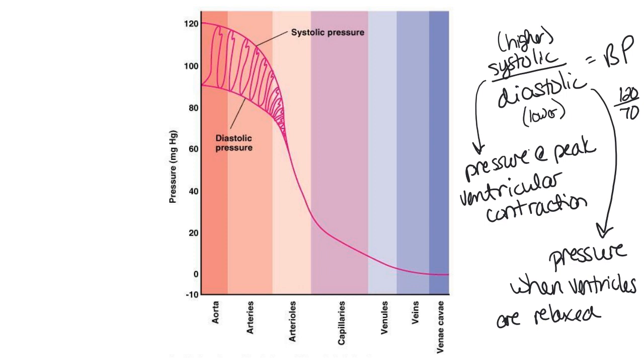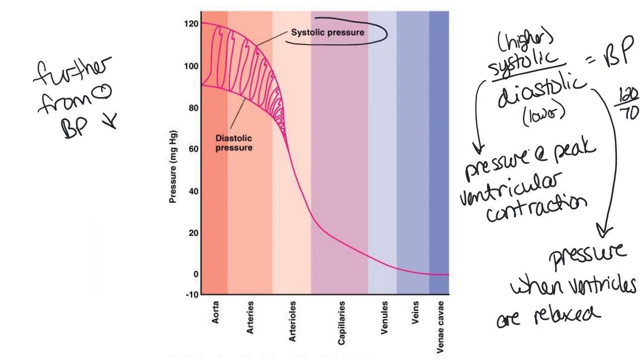And the further we get from the heart, the more that pressure is going to drop. So as you move further and further from the heart, moving into those arterioles and those capillary beds and back into those veins, the pressure is going to decrease. You can see that in this diagram here. You can see the systolic pressure is pretty high here in the aorta and the arteries.